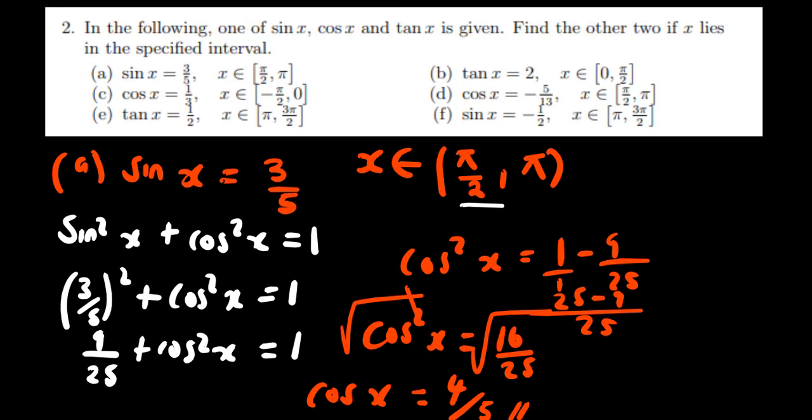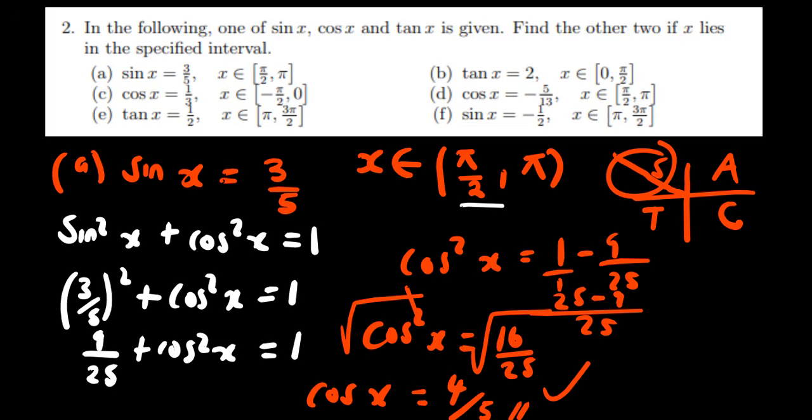But now we've been given a range of 90 to 180, so I'll go back again. All Students Take Coffee. This angle is between 90 and 180. It's in that region, and we found our cos to be this. In this region only sine is positive, so it means the answer that we found must be negative, because cos in that region is negative. So this is negative. That's how you solve these ones.